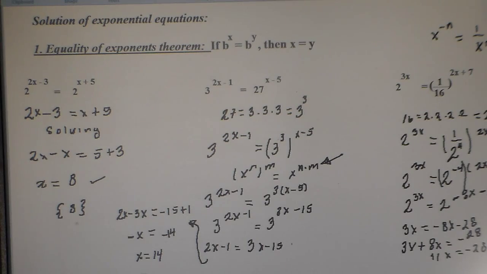And then we isolate the x, which equals negative 28 over 11. In this case, my solution is negative 28 over 11, because you cannot simplify 28 over 11.